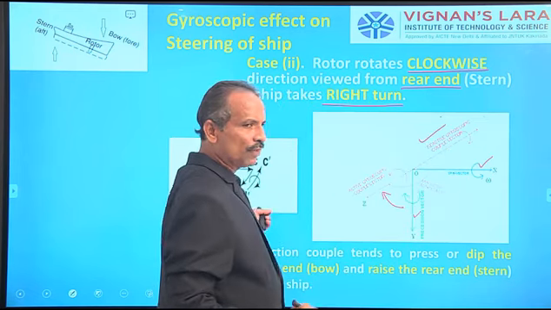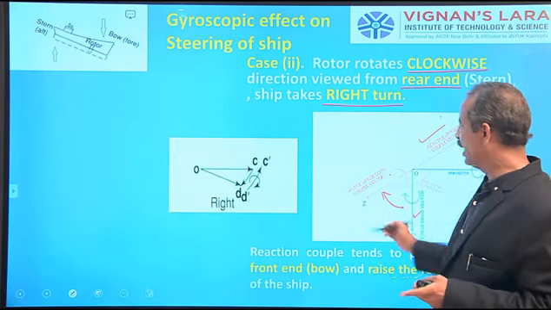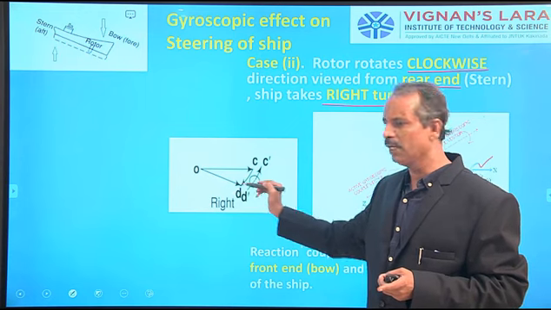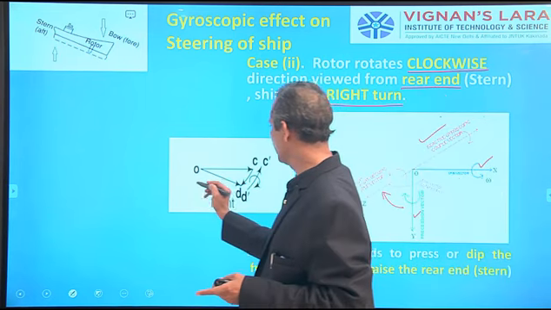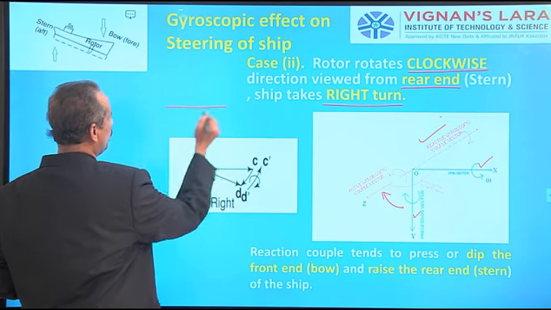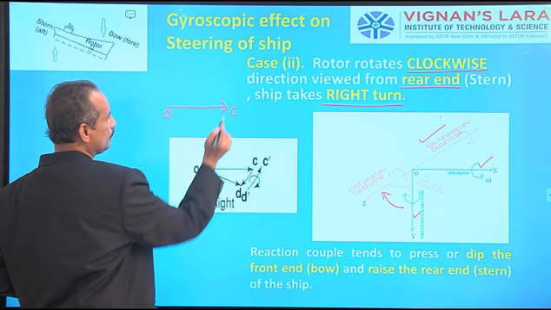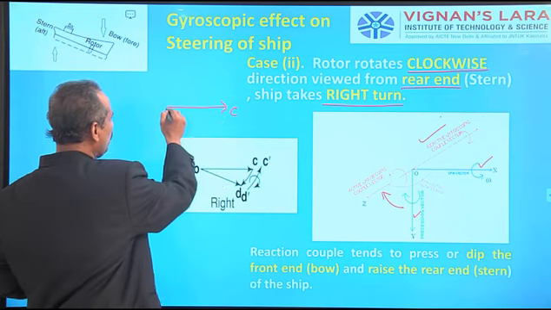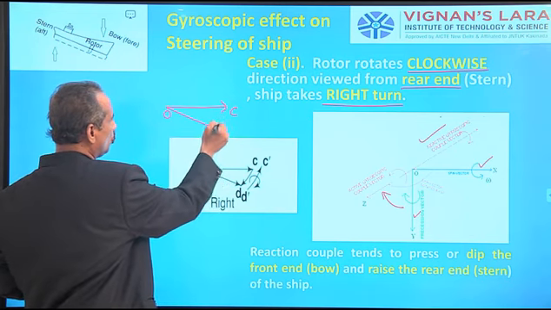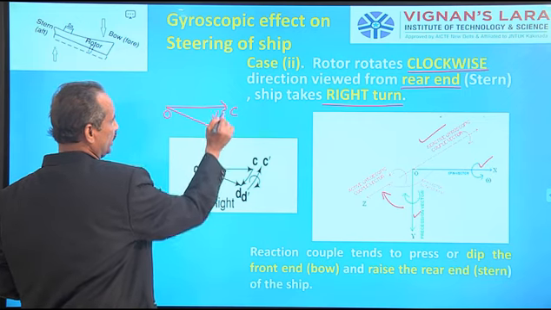The same thing I have once again pictured here, simplifying the entire system in a simple way in 2 lines. See, I have taken the initial path, spin axis, I am giving a right turn. To get this right turn, I have to apply a force like this.